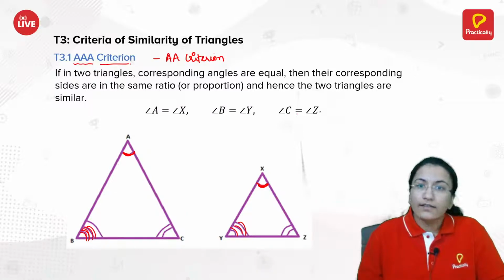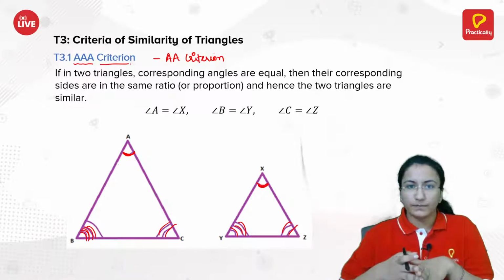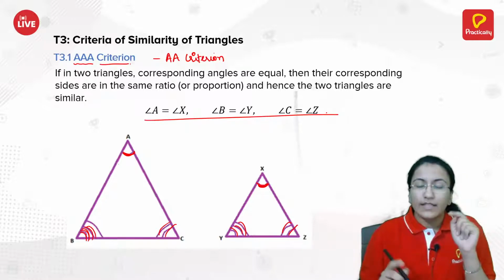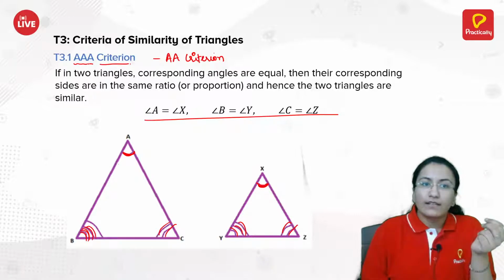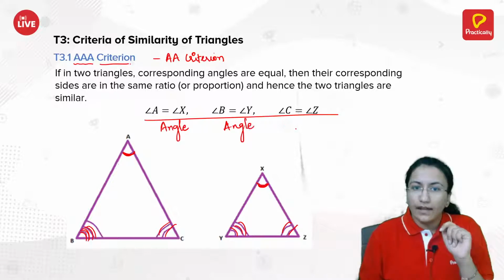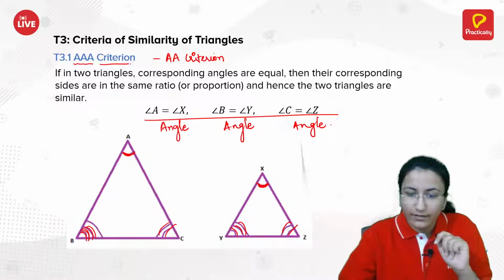And angle C is equal to angle Z, then we can say that both the triangles are similar. If you have this result with you, then you can say that these two triangles are similar. And why is it known as the A criterion? Because this is a result relating angles, this is also a result which relates angles, this is also a result dealing with angles.